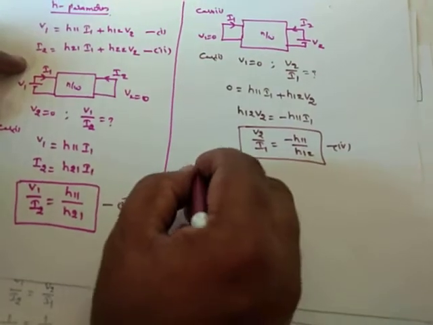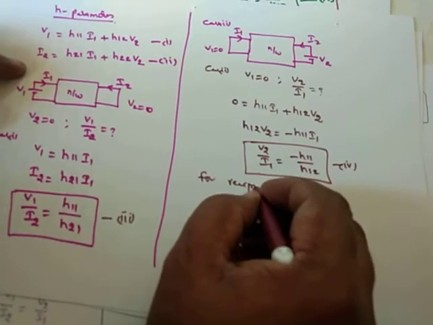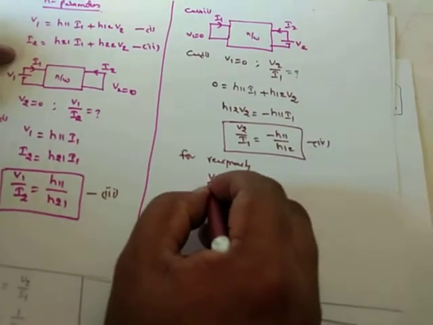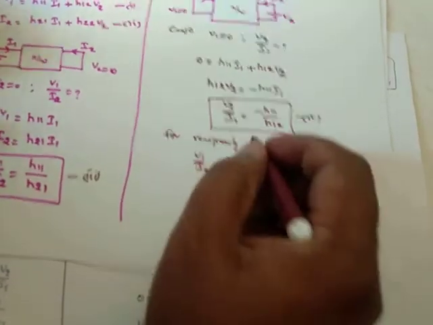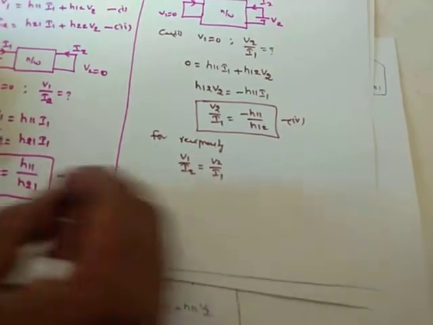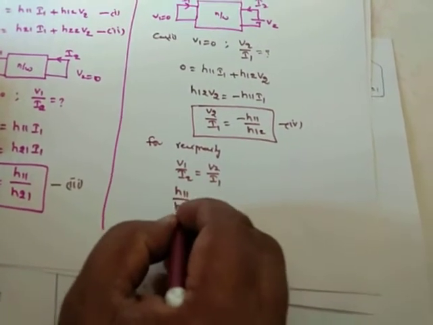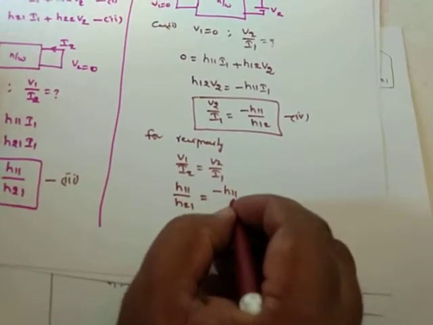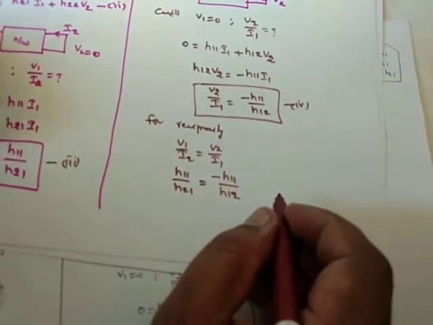For reciprocity, the condition is V1 by I2 is equal to V2 by I1. That is equal to, here third, H11 by H21 is equal to minus H11 by H12.